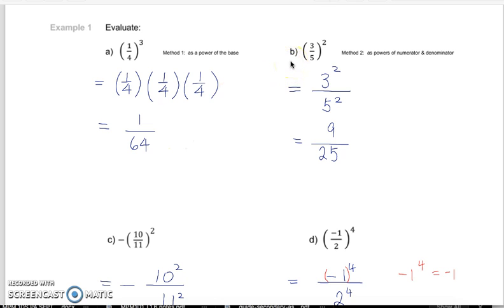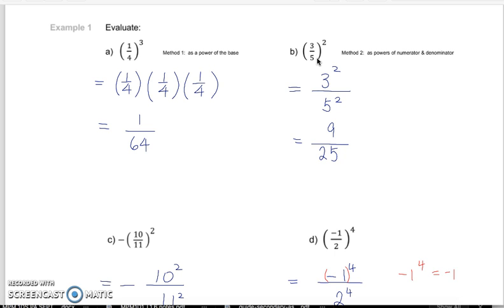Question B. 3 over 5 to the power of 2. So you can actually calculate this answer using the same method as part A, but you can also see the exponent 2 as being shared by 3 in the numerator and 5 in the denominator.